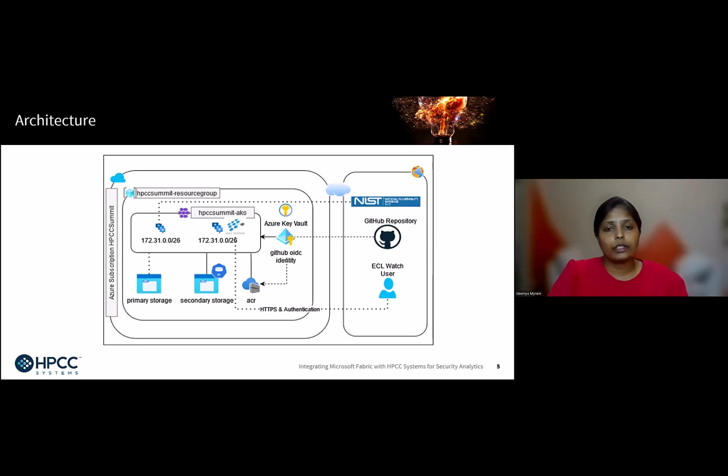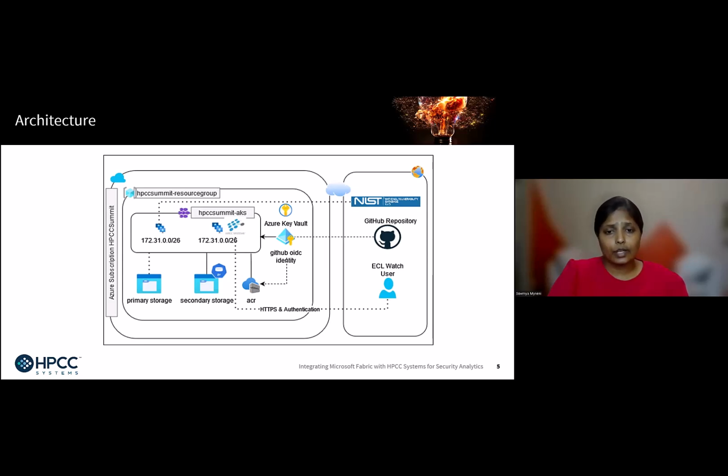So here in this picture, you can see on the top left, there is this HPCC Summit resource group, which has all these resources. And the HPCC Summit AKS has 2 node pools in this example, and then 2 VM scale sets in this example. And on one of the VM scale sets, we have HPCC Systems running as well.